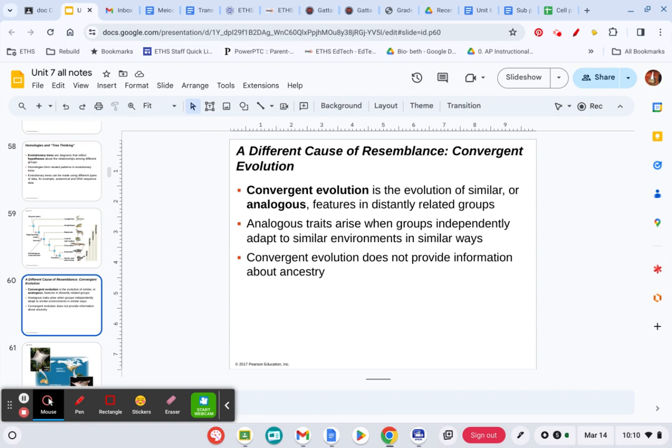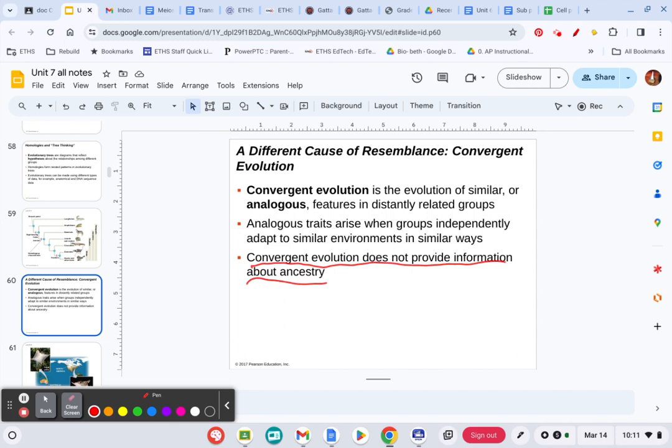It says down here at the bottom that convergent evolution doesn't provide information about ancestry. Because you can have two different groups of organisms very far apart from each other, but if they evolve in the same environment, they're going to have the same environmental pressures, and over time they will develop very similar features.